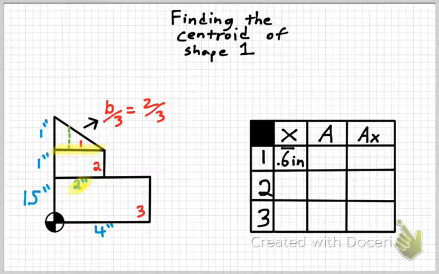So I said 2 over 3, giving us a number of 0.6 repeating. I marked this out visually in a green dashed line shown here. That green dashed line is going to show the centroid in the x direction. So somewhere on that line is the center of that shape. So I mark that on my little chart there.